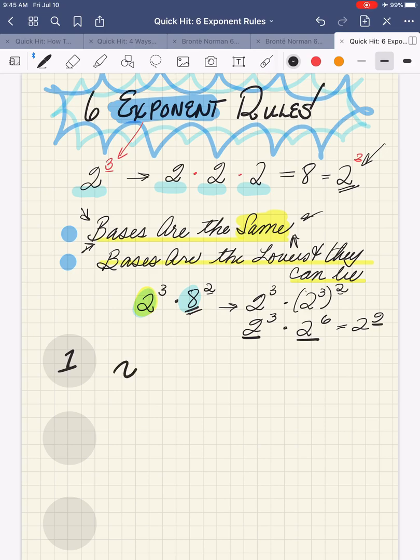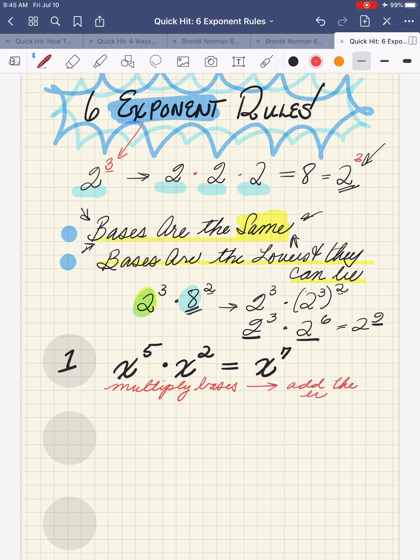So 2 to the fifth multiplied by 2 squared is going to equal 2 to the seventh. When I'm multiplying bases, I add the exponents. That's the first rule.